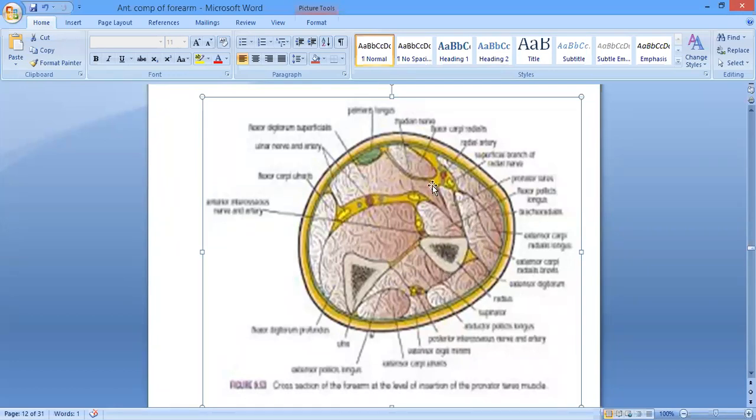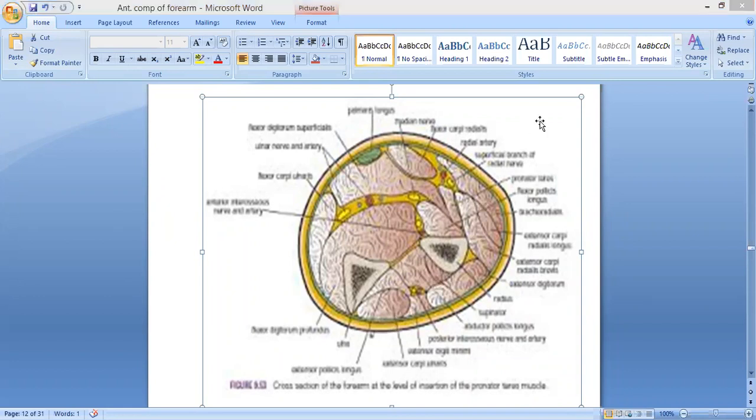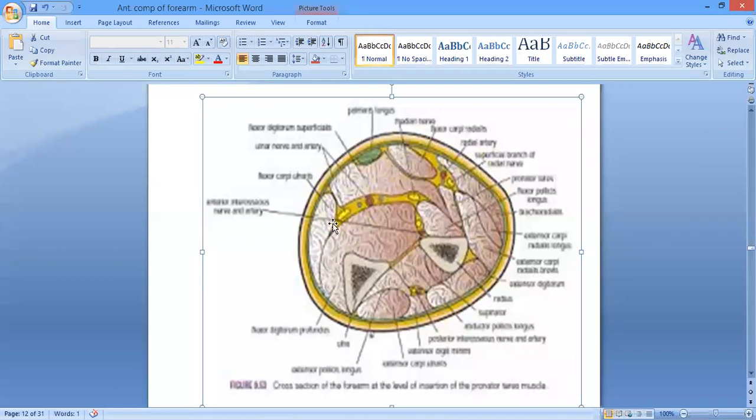Anterior compartment and posterior compartment. What else is there? There are numerous septa, can you see them? Numerous intermuscular septa come from the inner aspect of this deep fascia and divide these compartments into certain muscle groups, further subdividing the deeper muscles.